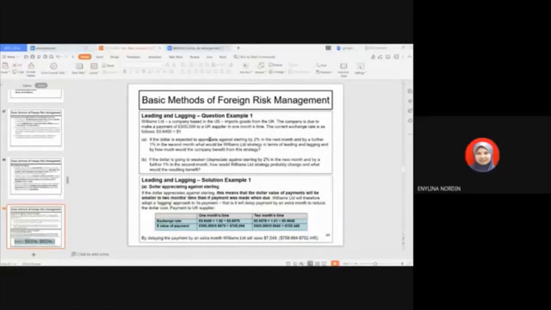The payment by the US company is in pound sterling to the UK supplier in 1 month's time. It's given that the current exchange rate, that is the spot rate, is for every dollar, 0.645 pound. So that is the current exchange rate per dollar.